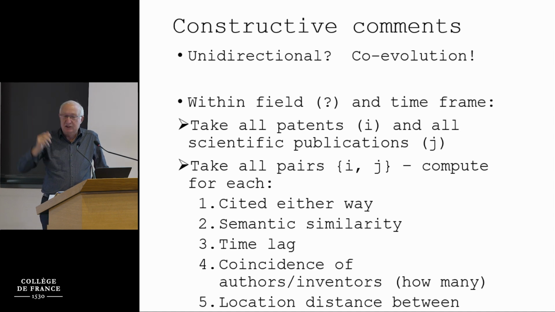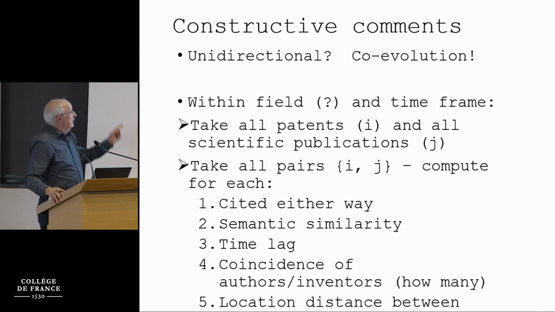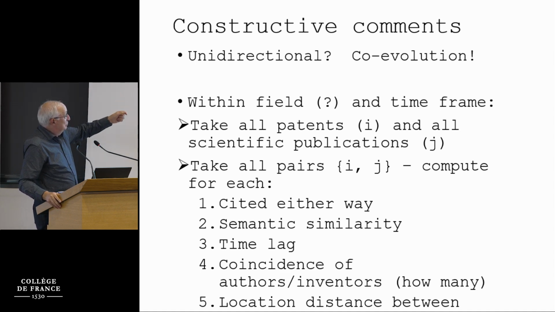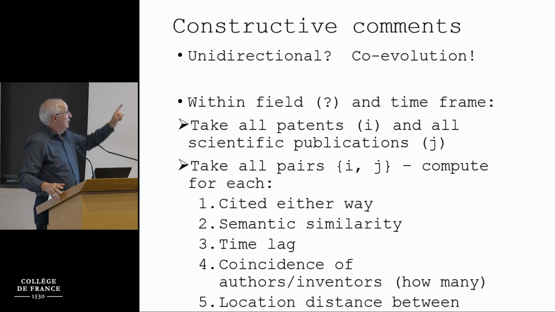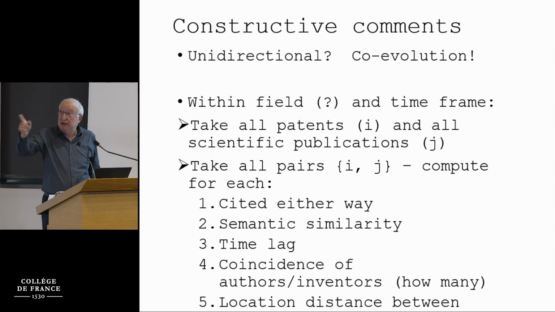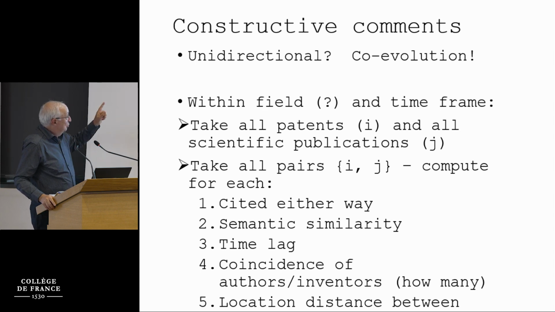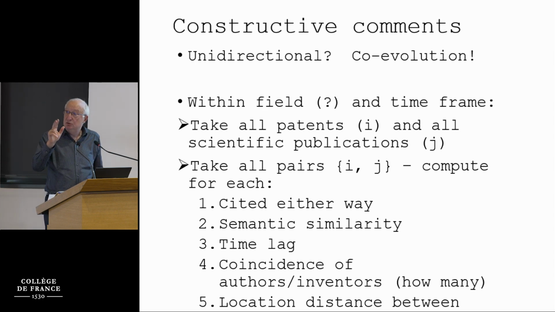Take all the pairs, okay? And then for each pair, you can look at whether they cite each other, either way, okay? What is the semantic similarity using your measure of semantic similarity? What's the time lag between the two, okay? The coincidence of authors, are these the same or not? And the coincidence of location.